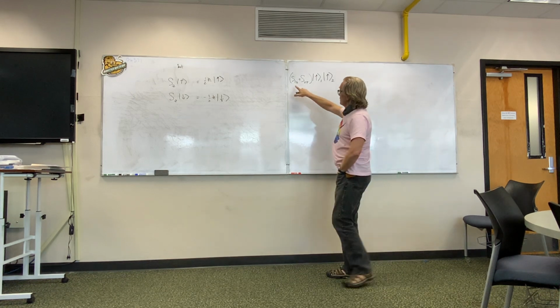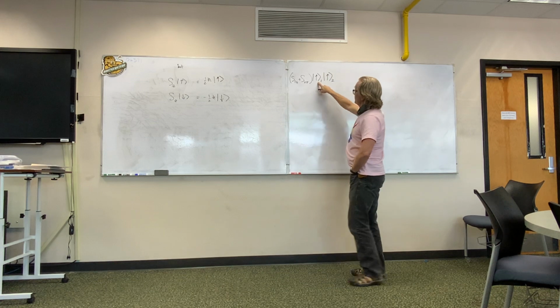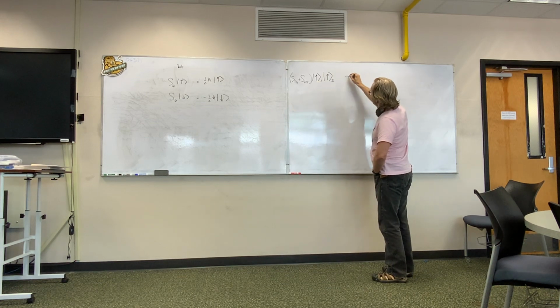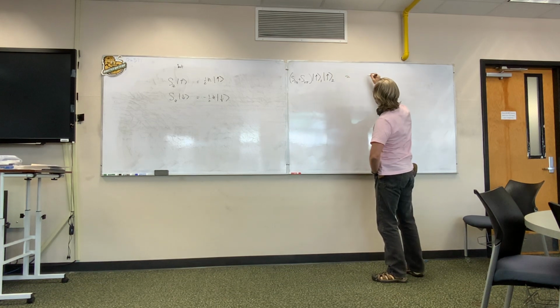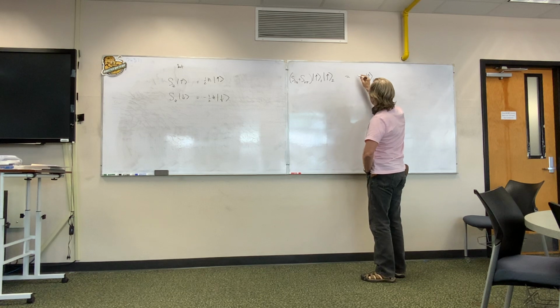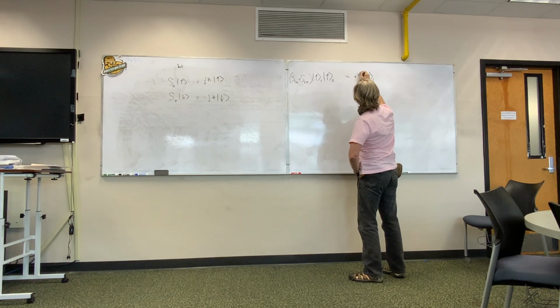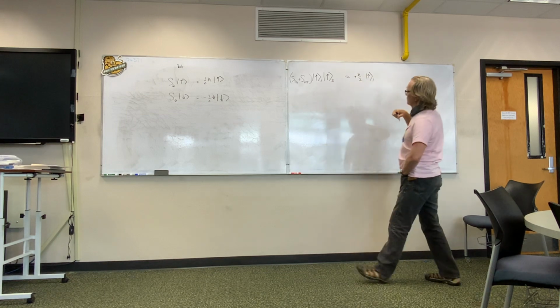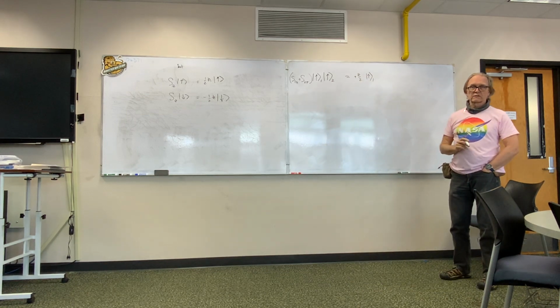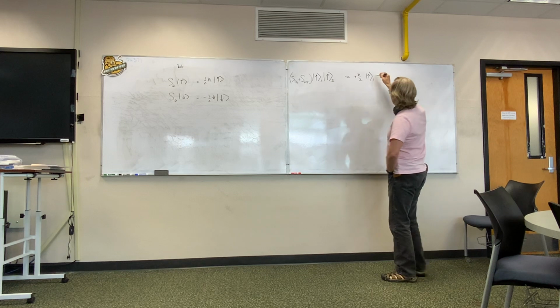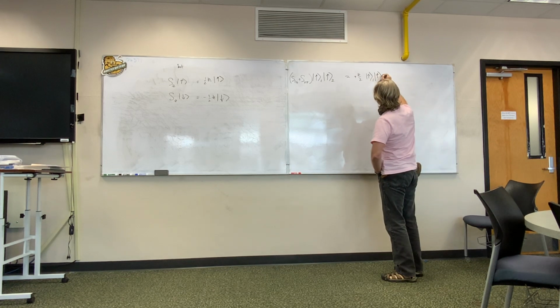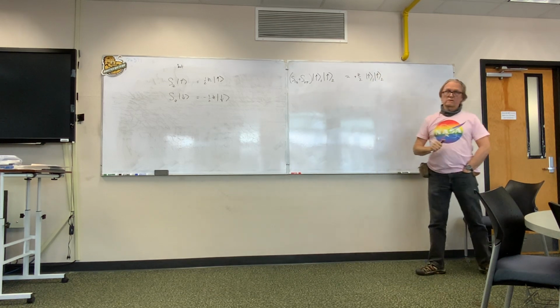So when I apply this, S1 affects that 1 and gives me plus h bar over 2. Am I writing it the same way? Yeah, h bar over 2. And my ket for number 2 stays around.